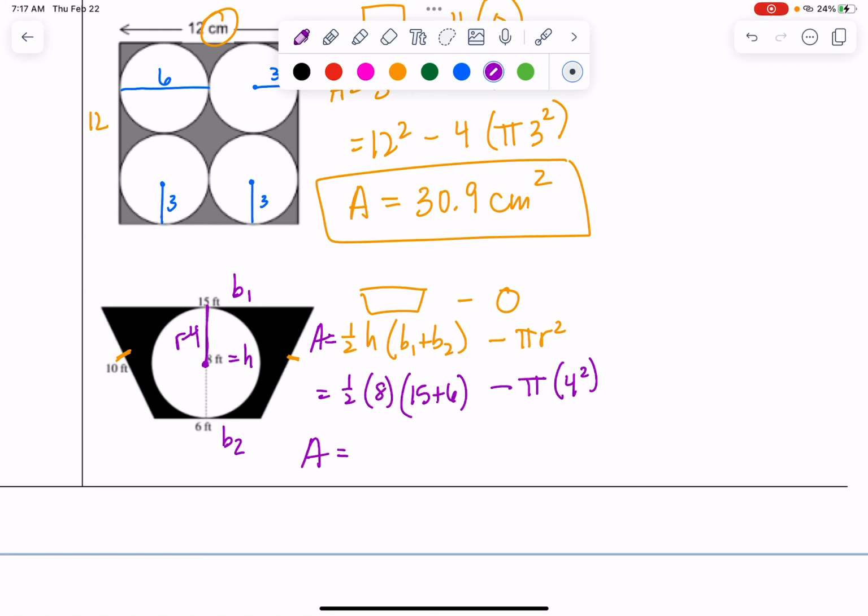So that's 33.7 feet squared. So that would just be the area of the shaded part.